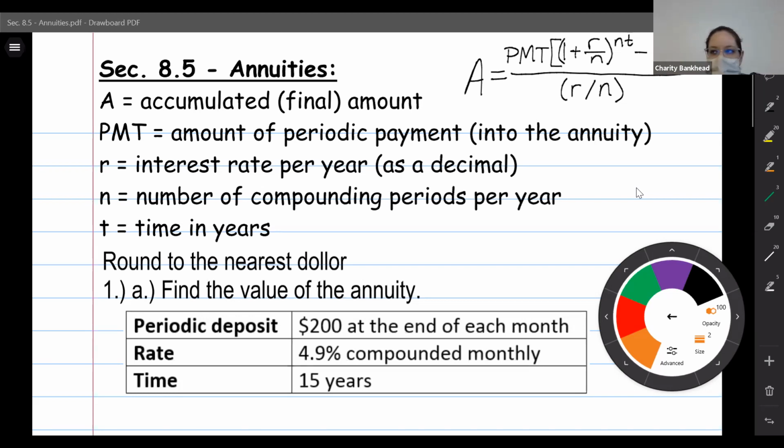All right. It's important when preparing for your test that you know which formula to use. The regular compound interest formula, that's one deposit or one borrowing of an amount of money, and then the interest adds up over time, whereas annuity is depositing money multiple times, okay? So make sure you can understand the difference between those two formulas.